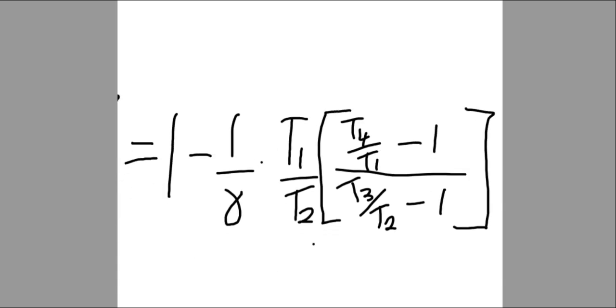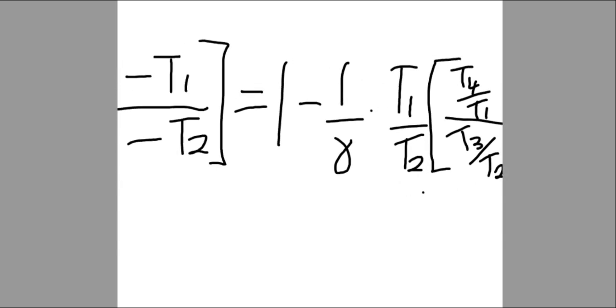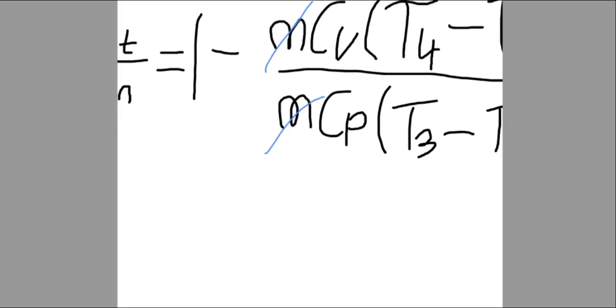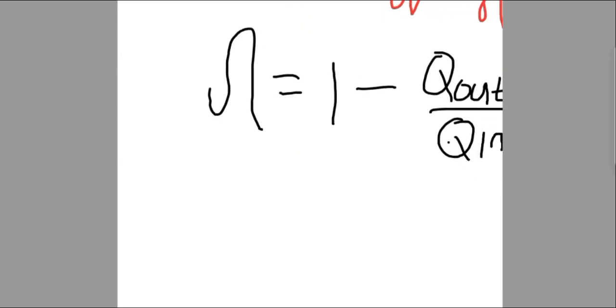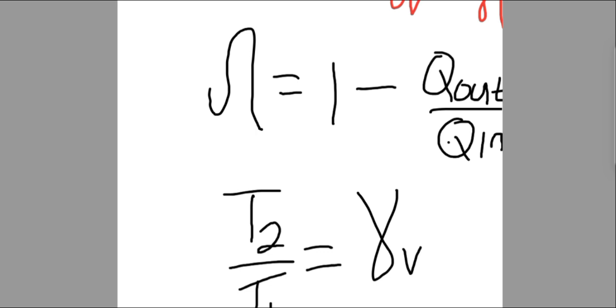Now, since we have factored this out, we need to go back to our isentropic relationships. If we're dealing with our isentropic relationship, we know that T2 over T1 would be equal to our compression ratio raised to power gamma minus 1.